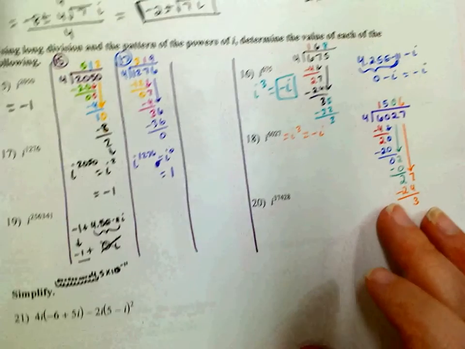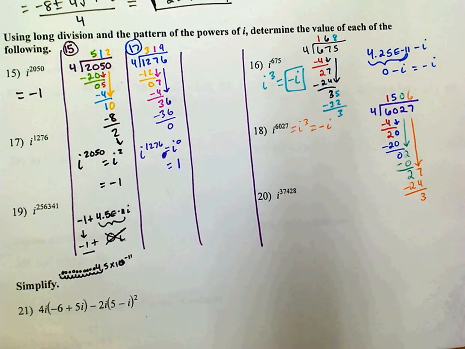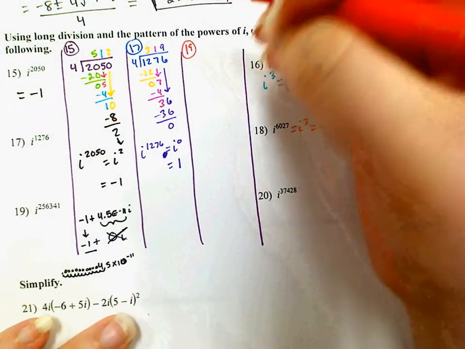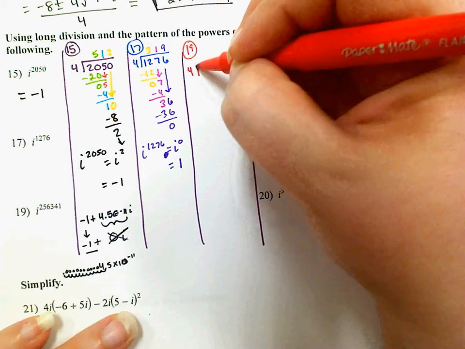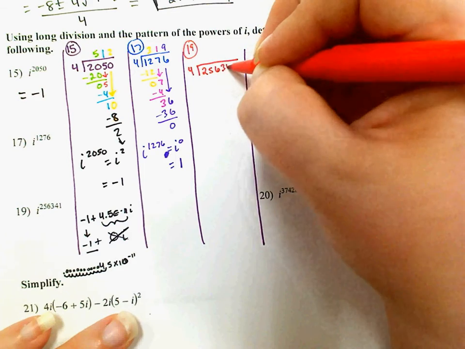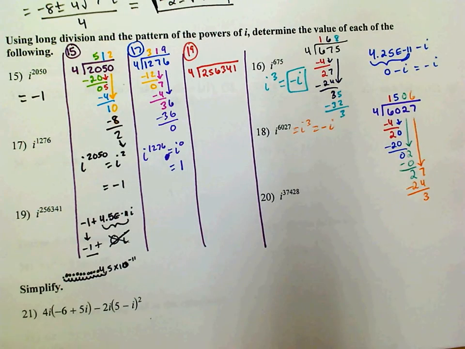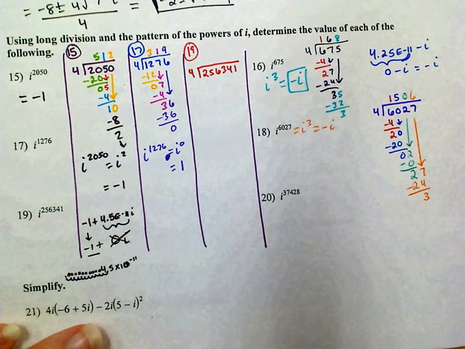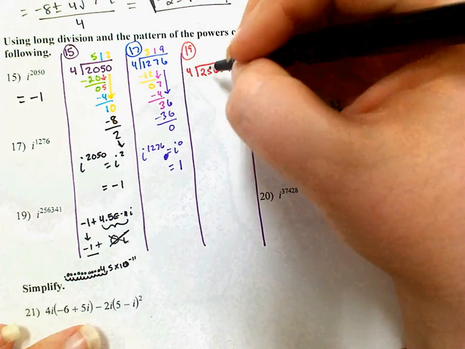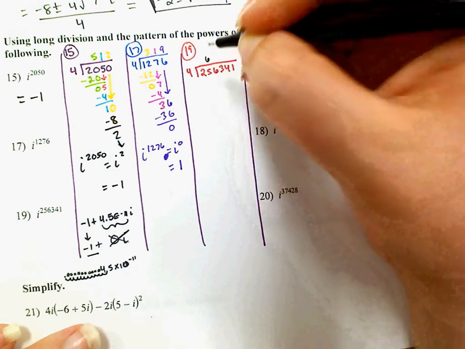Okay, let's do number 19. So 19, 4 divided into 256,341. 4 does not go into 2, but 4 goes into 25 6 times. 4 times 6 is 24.